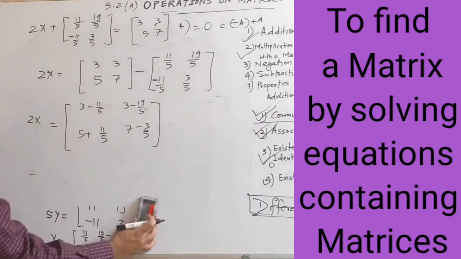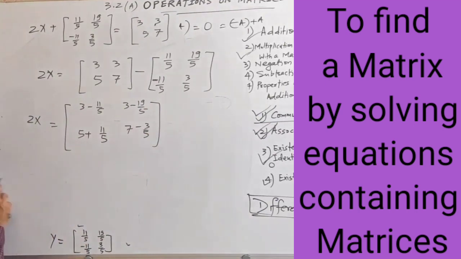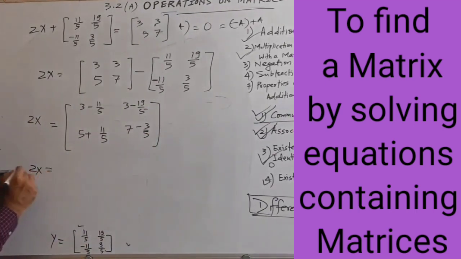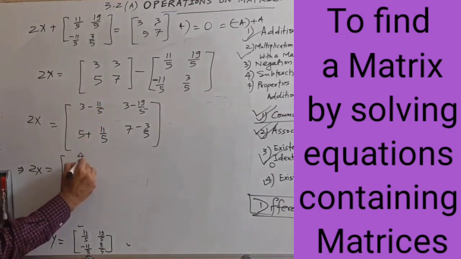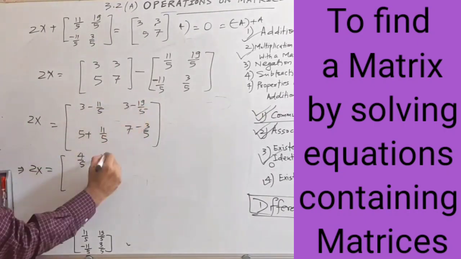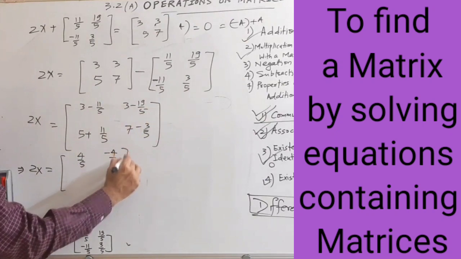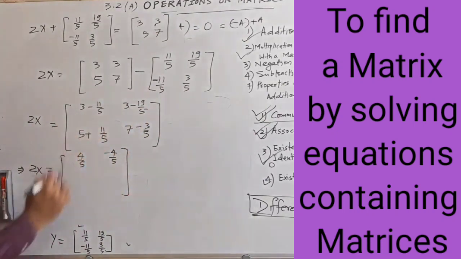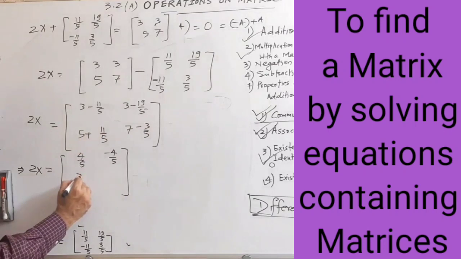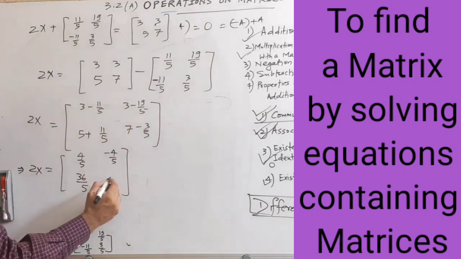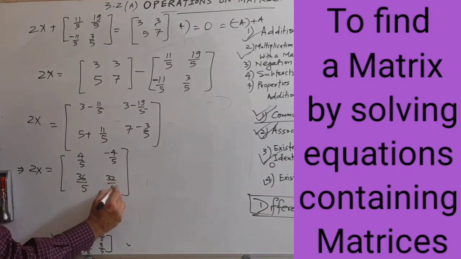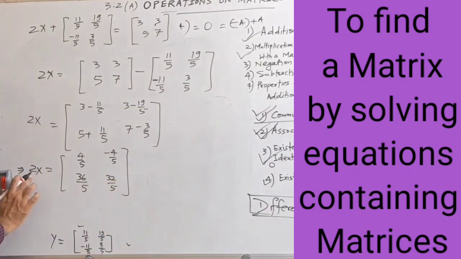Now 2X is equal to 5 times 3 is 15 minus 11 is 4/5. 15 minus 19 is minus 4/5. 5 times 5 is 25 plus 11 is 36/5. 35 minus 3, that is 32/5. This is the value of 2X.